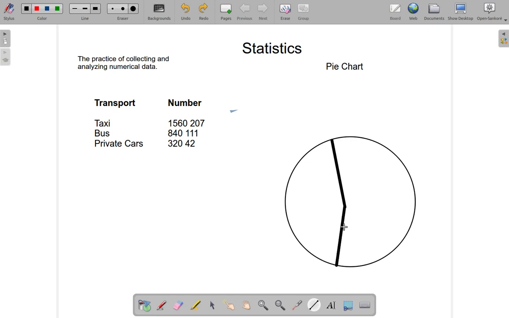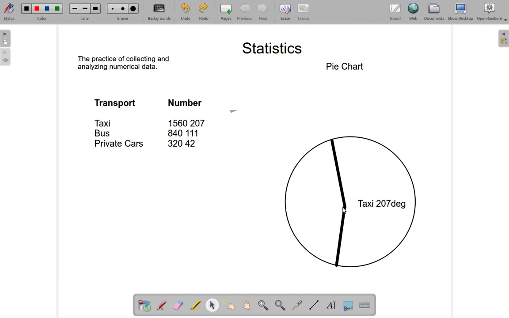I'm going to take this large area as the taxi section. I know it passed 180, so it's a reflex angle here. So taxi, and this is 207 degrees. Let's put 207 degrees.